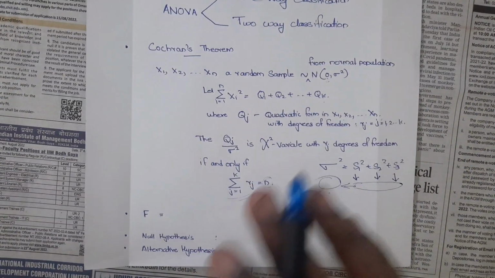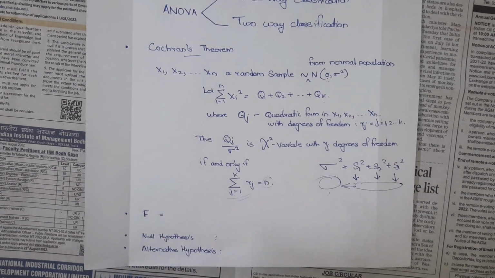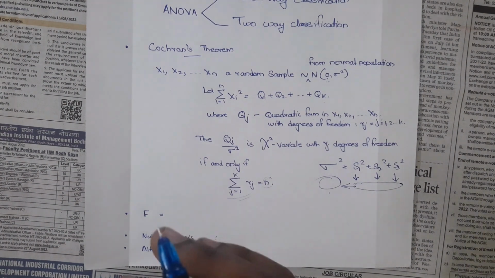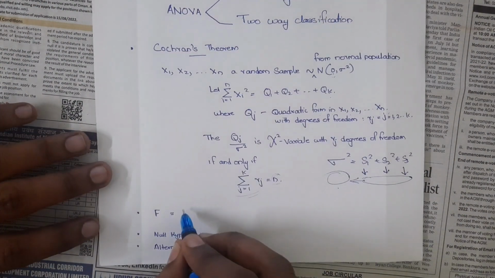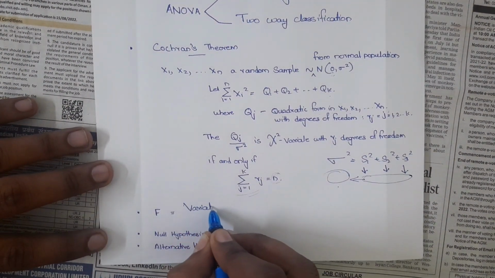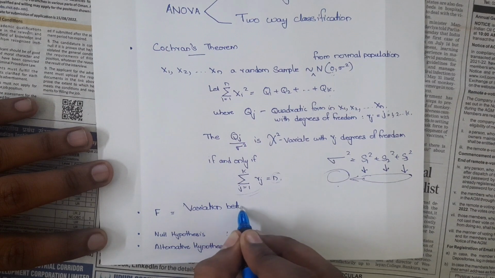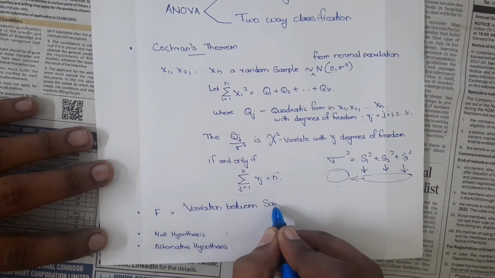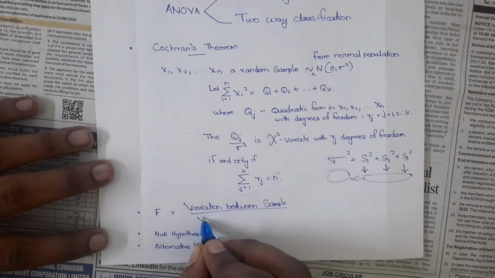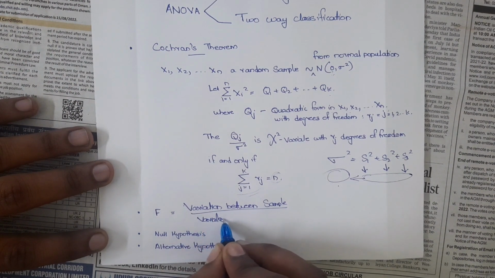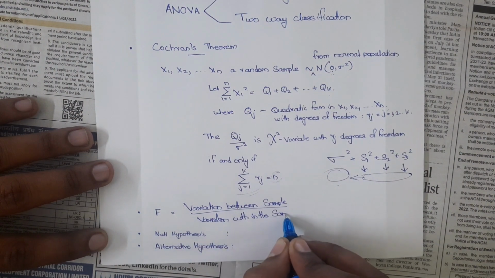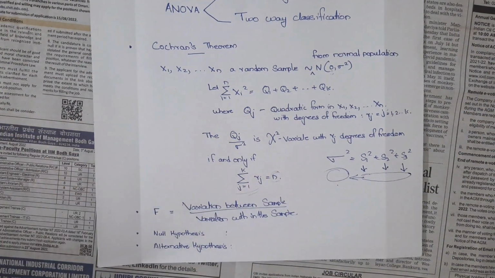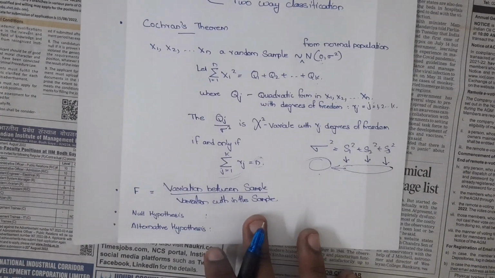And next, for ANOVA, we want to learn the F statistic. In ANOVA, we use the F test, like F is equal to variation between sample divided by variation within the sample.